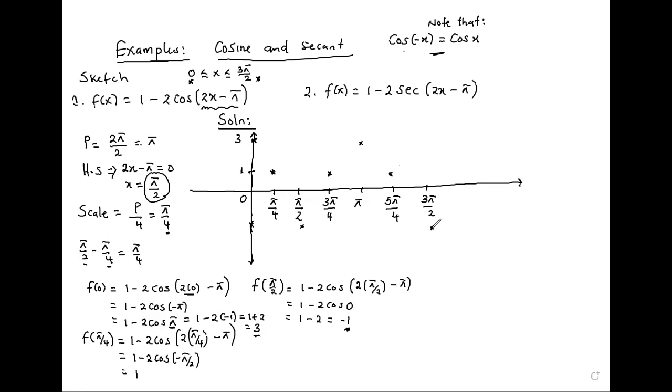So we'll have something like this. This is how the graph turns out. So this is the graph of f of x is equal to 1 minus 2 cos 2x minus pi.